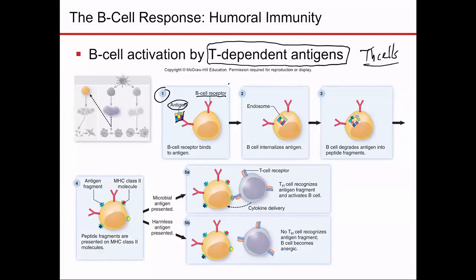And that's why this clone is responding to that particular antigen. That antigen will be taken into the cell, will be processed inside of the cell. And then now pieces of that antigen will be presented in the context of MHC class II molecules that B cells can produce. Different MHC class II molecules here, presenting each of them different pieces of that antigen.